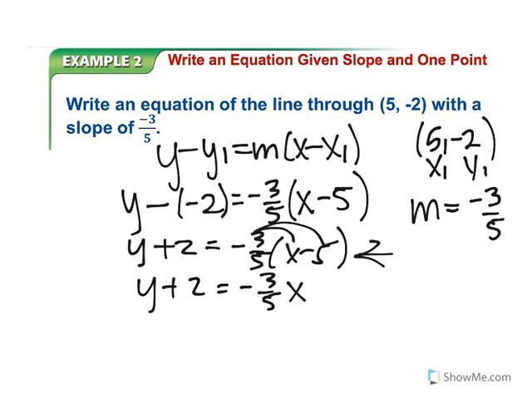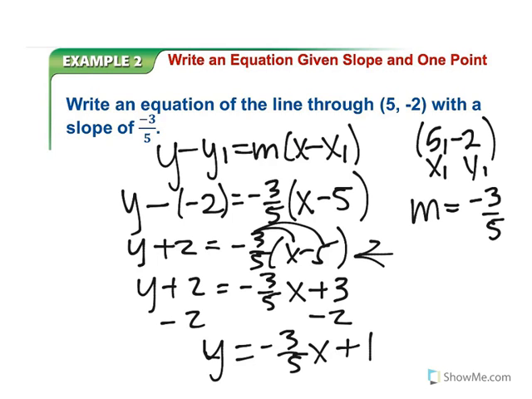When you distribute the negative 3/5 to negative 5, the negatives cancel out, the 5's cancel out, so you're left with a positive 3. And then we're going to subtract 2 from both sides, and we get y is equal to negative 3/5 x plus 1.